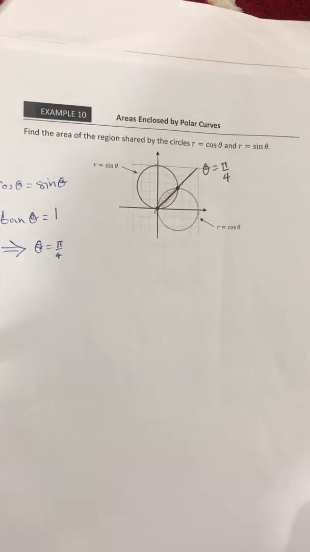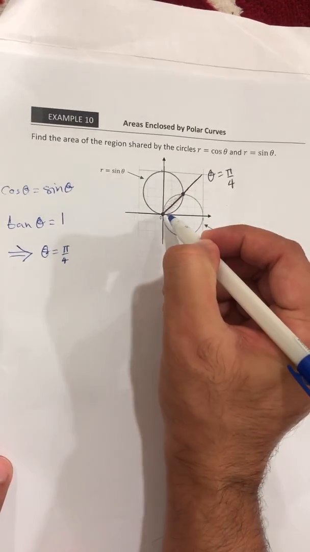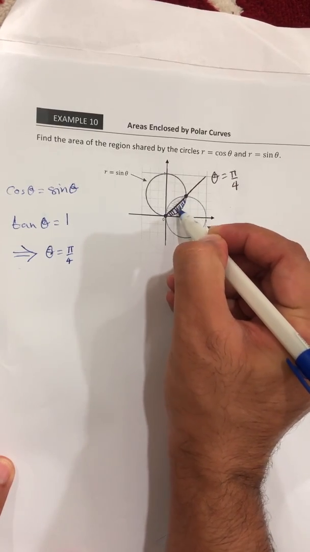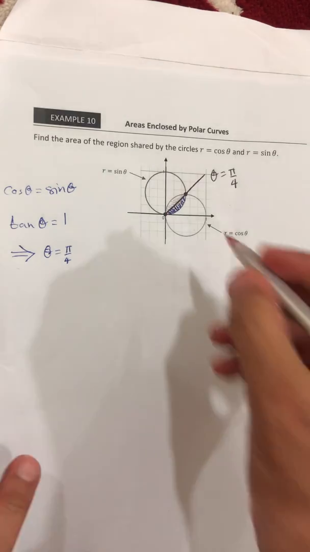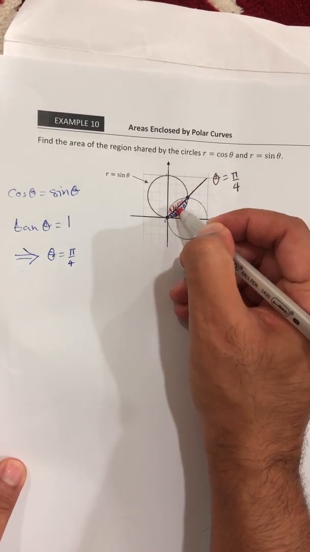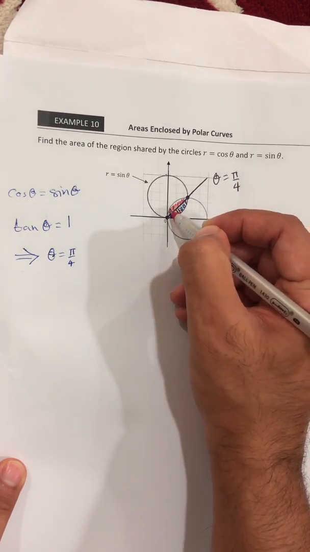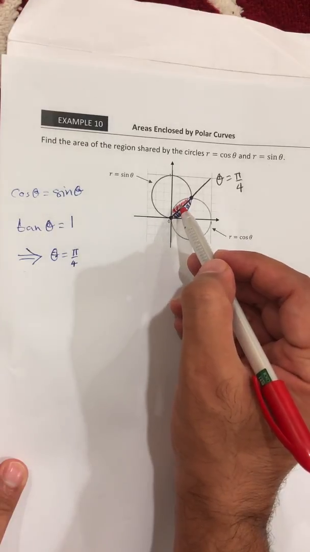Now, note that the shaded area that we want to find can be divided into two parts again. Look at this area, this blue one, and the other part is the red area, the red one. Now we can find the blue area and then find the red area.